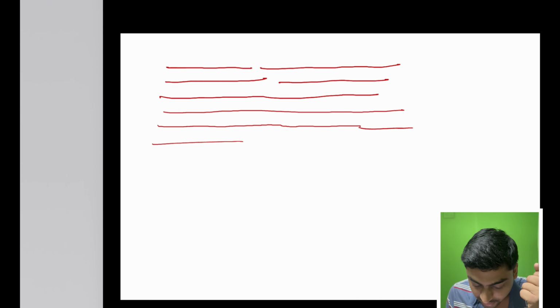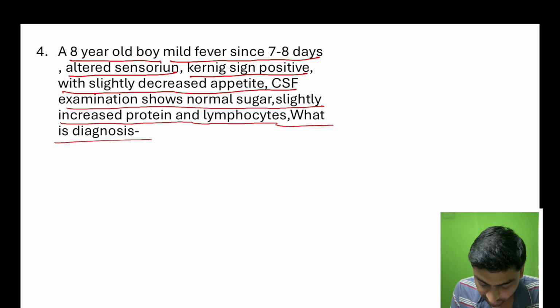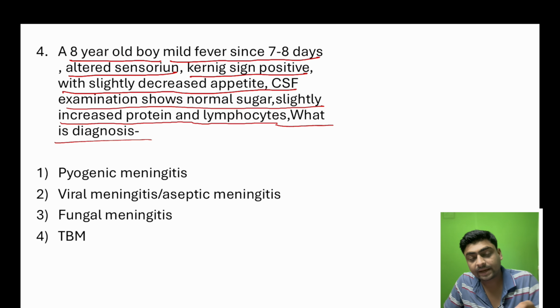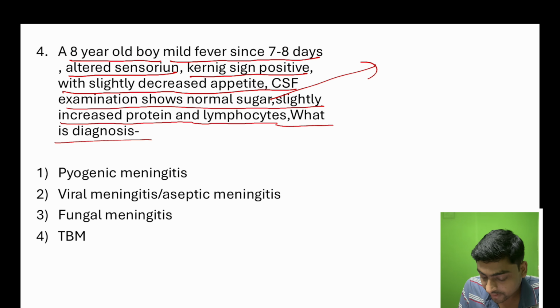So as we can see in question number 4, the patient is having mild fever since 7 to 8 days, altered sensorium, Kernig sign positive with slightly decreased appetite. And CSF examination shows normal sugar and slightly increased protein and lymphocytes. So lymphocytes are the predominant cell type in viral meningitis and also in tubercular meningitis.